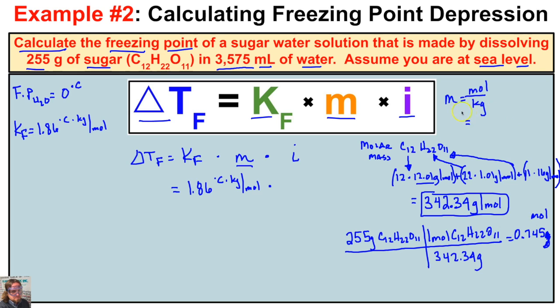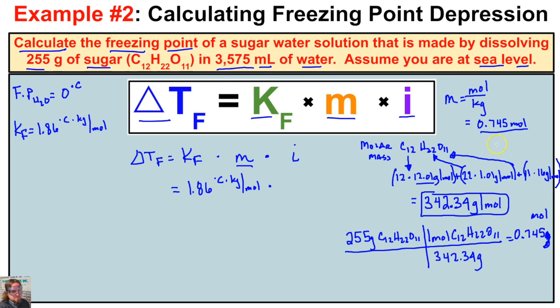So, to get our molality, we're simply going to take 0.745 moles, and we need to divide it by the kilograms of our solvent. So how do we get that? Well, this is 3,575 milliliters. We know the density of water is 1 gram per milliliter, so this is 3,575 grams of water. And if we slide the decimal to the left, we'll end up with kilograms.